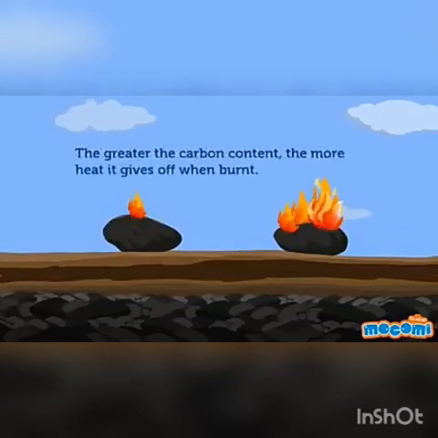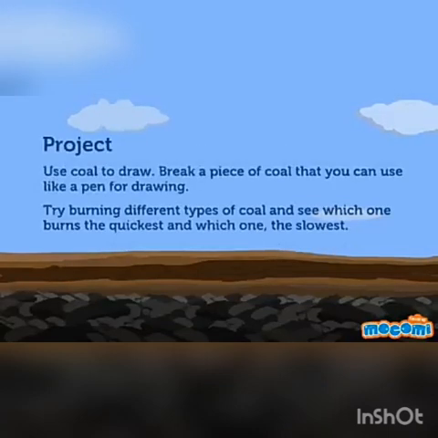The greater the carbon content, the more heat it gives off when burnt. Use coal to draw. Break a piece of coal that you can use like a pen for drawing. Try burning different types of coal and see which one burns the quickest and which one the slowest.